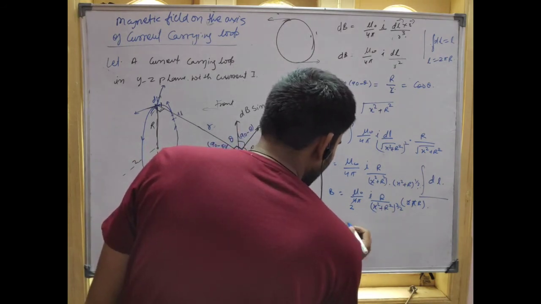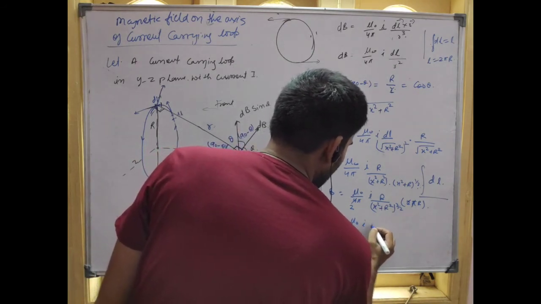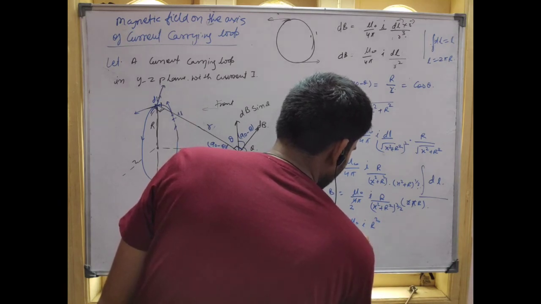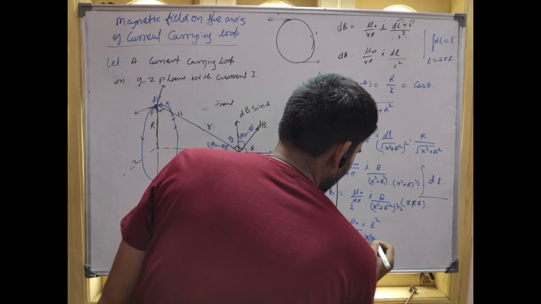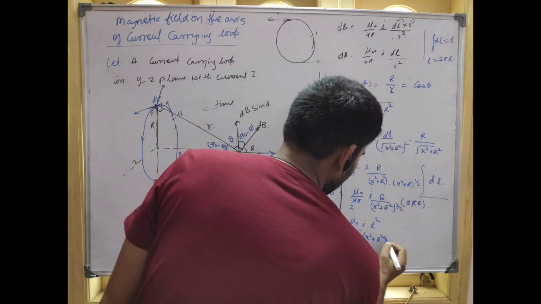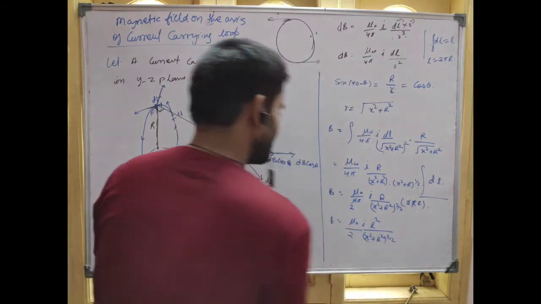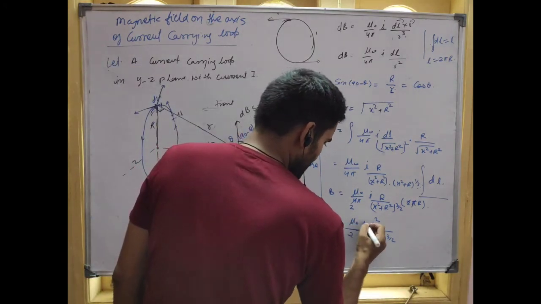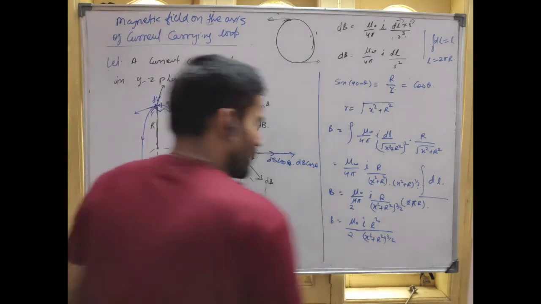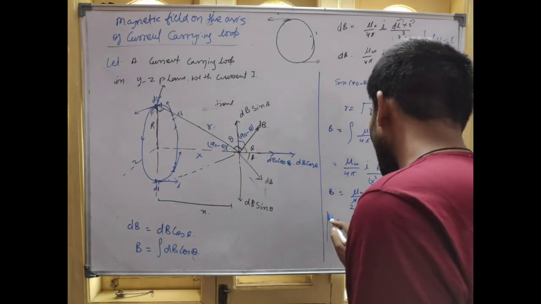So B is equal to mu naught I r square by 2 into x square plus r square raised to power 3 by 2. Correct? Any problem, guys? Okay, so this is the magnetic field.